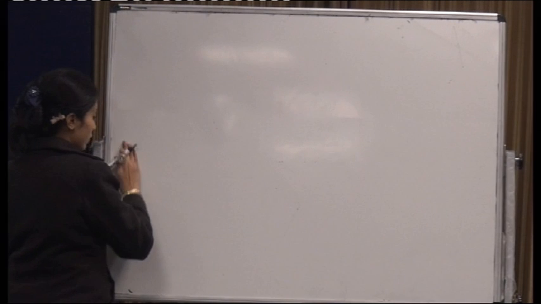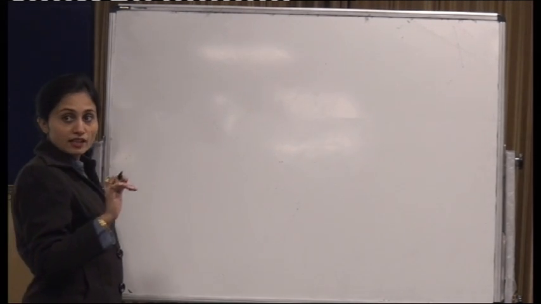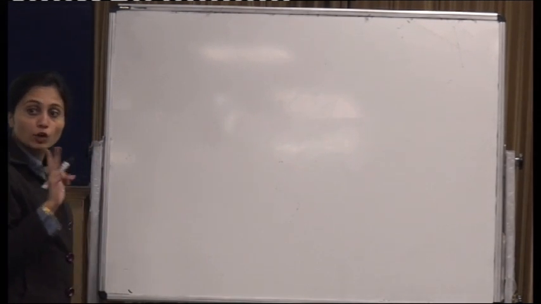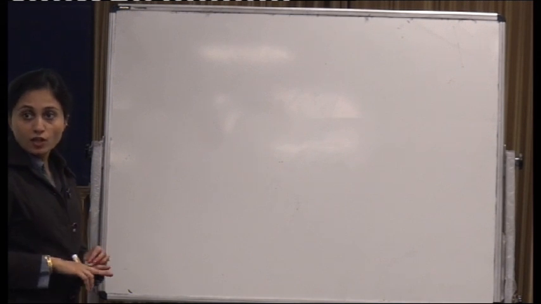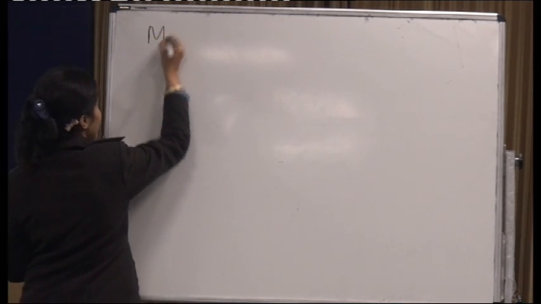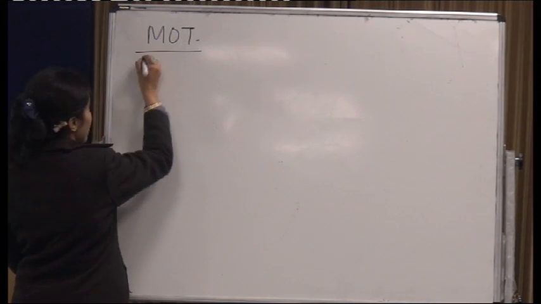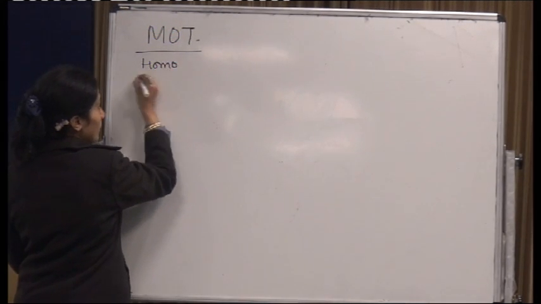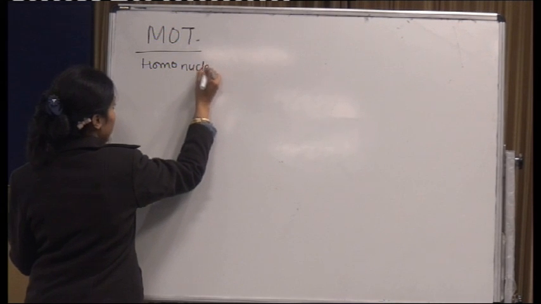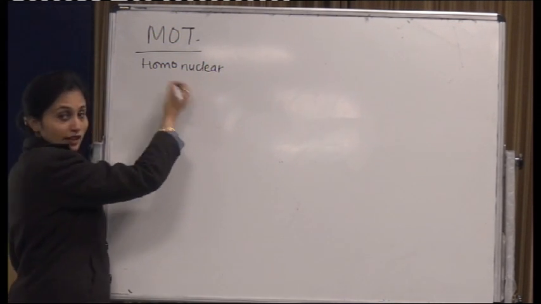All right, then another thing. Now please look up onto the board. This was all for the homonuclear diatomic cases. We have done the molecular orbital treatment only for homonuclear diatomic molecules. Homo means same, nuclear means whichever atom you are talking about, homonuclear.